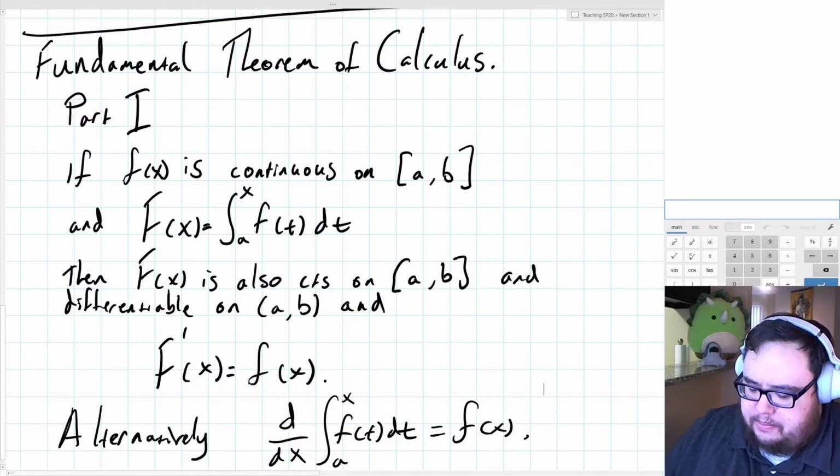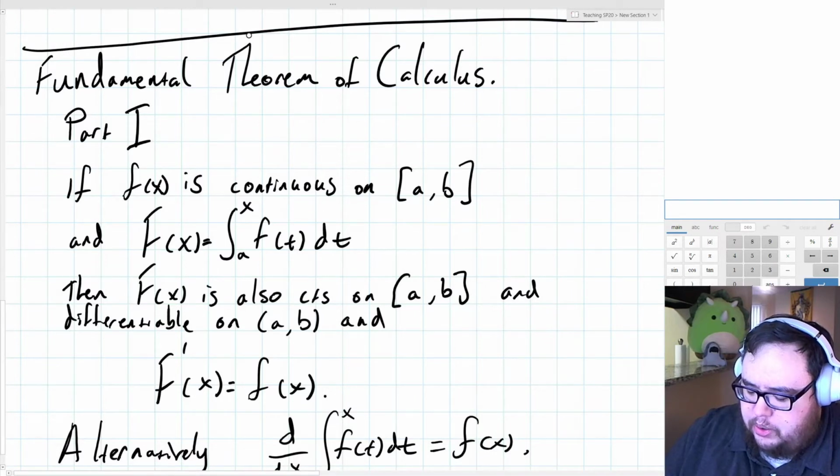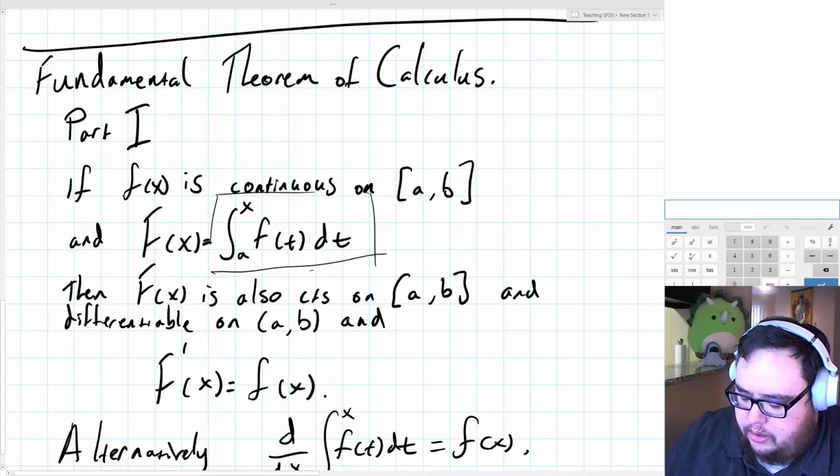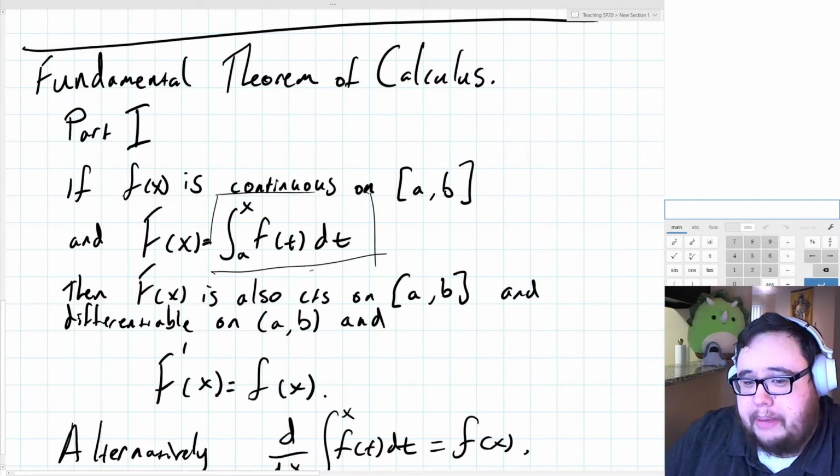Notice that there's a little trick we do here. We actually have big F of x equals the integral from a to x of f of t dt. Note that this is actually an integral with variable bounds.